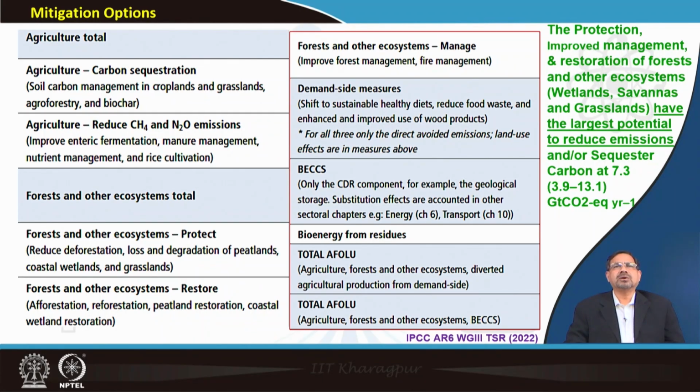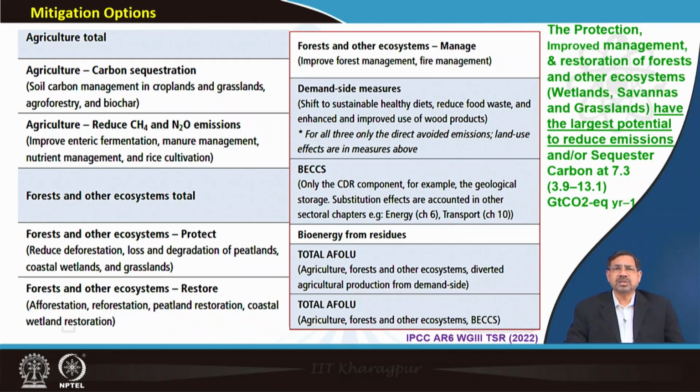Forest and other ecosystems in terms of totality. So forest and other ecosystem protection, in terms of, let us say, reduction in deforestation, loss and degradation of peatlands, the management of coastal wetlands and grasslands, they all contribute towards the protection of forest and other ecosystems, and restoration.